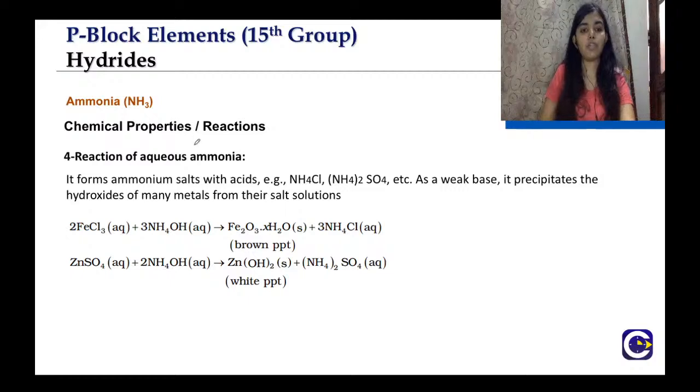Reactions of aqueous ammonia: if you treat ferric chloride with ammonium hydroxide, you will get what? Fe2O3·xH2O, that is basically the oxide of iron. And ZnSO4 plus ammonium hydroxide will give you zinc hydroxide, which is a white PPT, and iron oxide was giving a brown PPT.